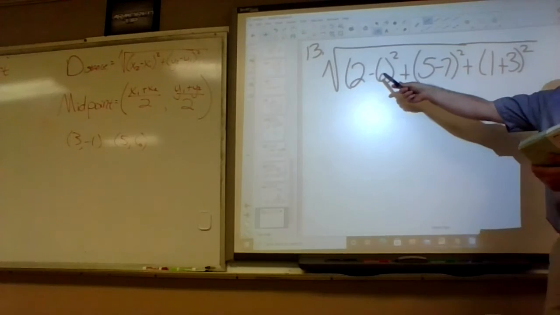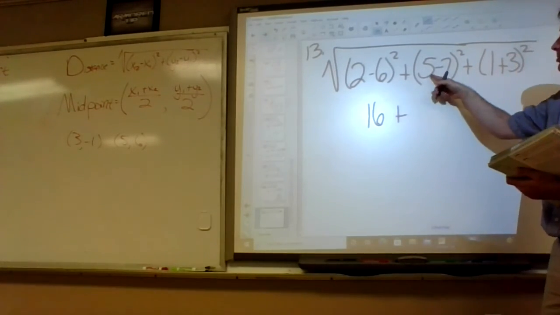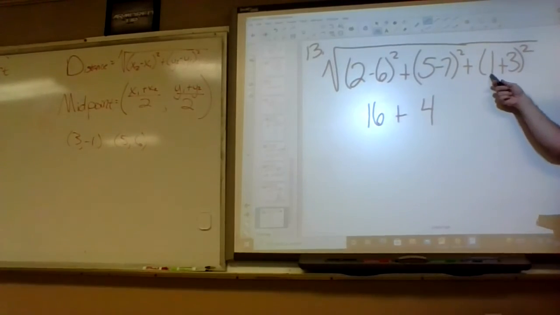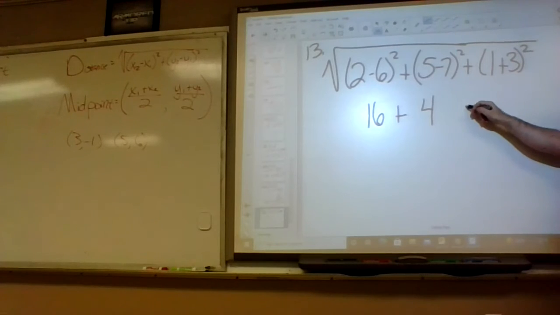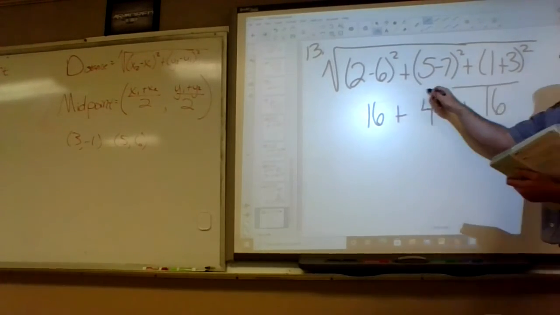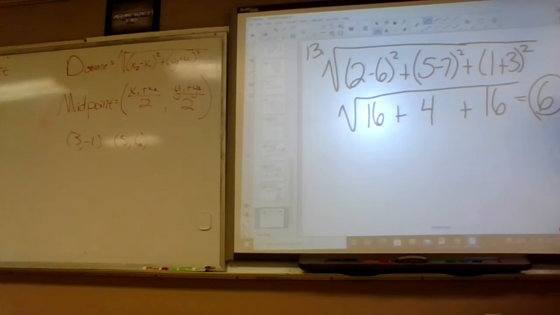So this would be -4 squared is 16. This would be -2 squared is 4. This would be 4 squared is 16. So 36. What's the square root of 36? 6. Nice and pretty.